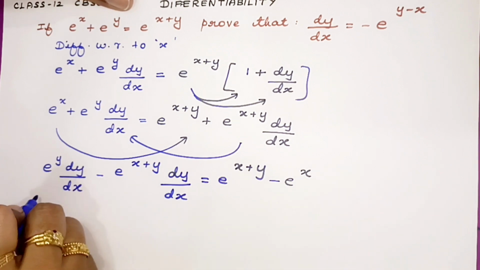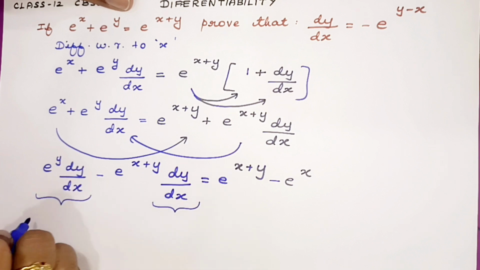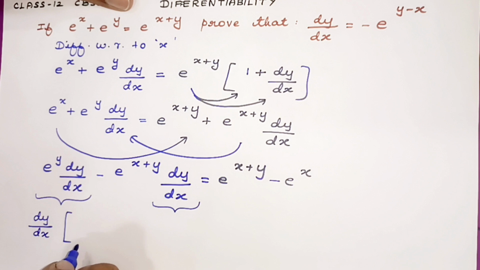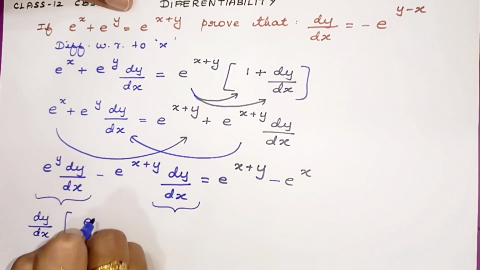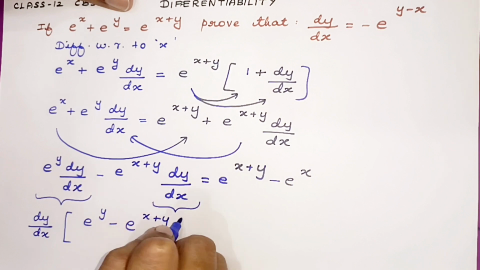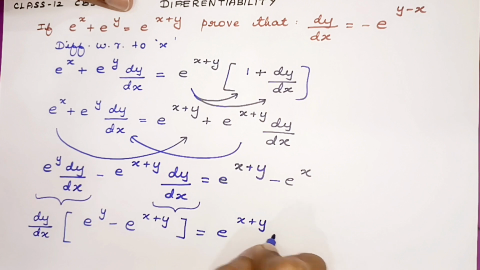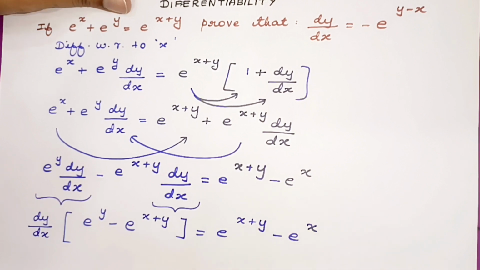Now in both of these terms, we have the common term dy by dx, so I am going to take dy by dx outside. So we will get dy by dx times e power y minus e power x plus y, that is equal to e power x plus y minus e power x.